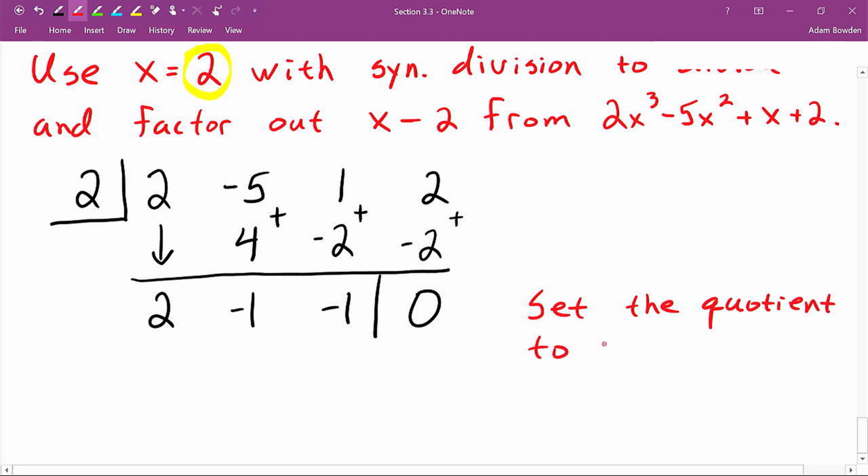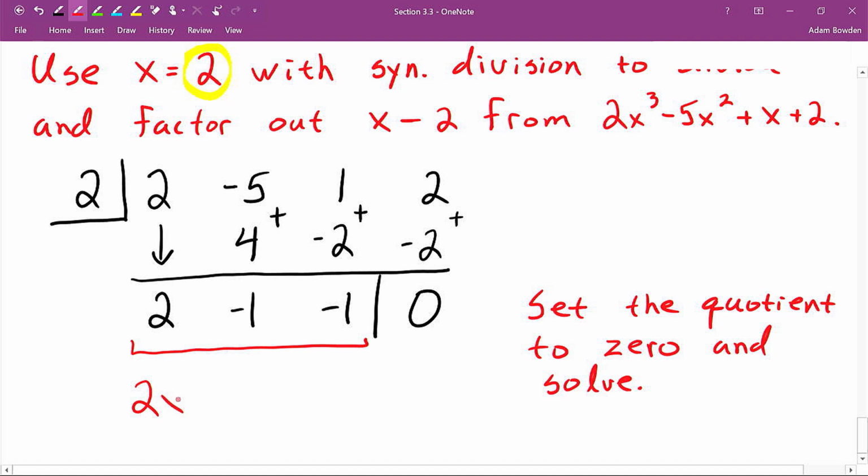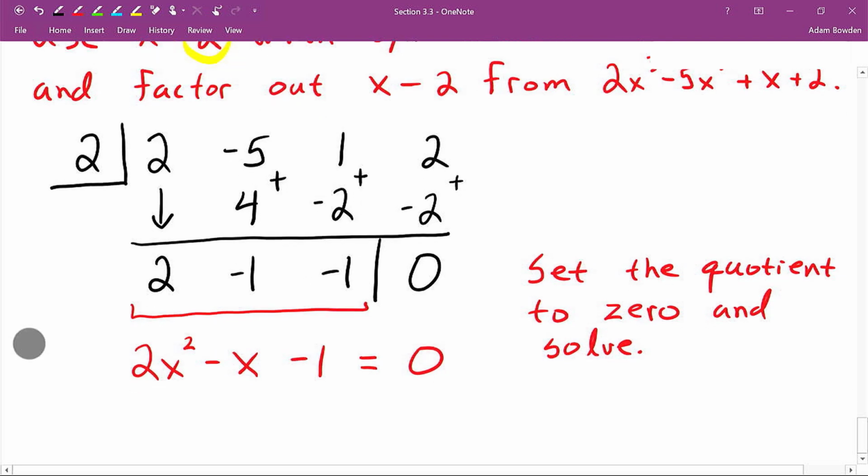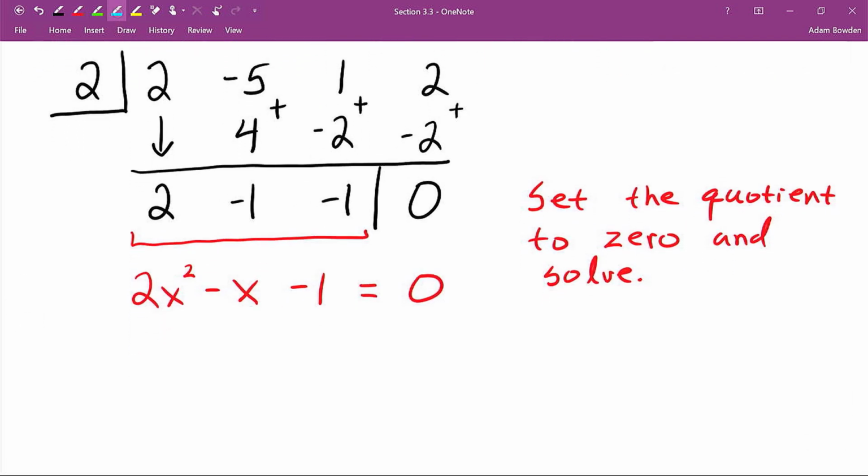to 0 and solve. So our quotient with the 2, -1, -1 would go 2x squared minus x minus 1. We're setting that equal to 0. Now this is a quadratic equation at this point.